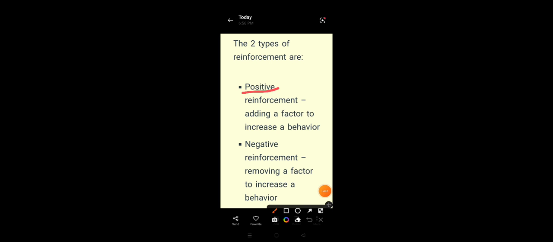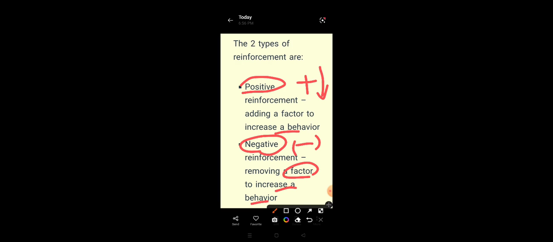What's the difference here between positive and negative? And you just said, Miss, that I'm increasing behavior in both. So what's the difference? Positive, I'm going to add something. Rana, Basmala, positive, I'm going to add something, while negative, I'm going to remove something which is a factor.